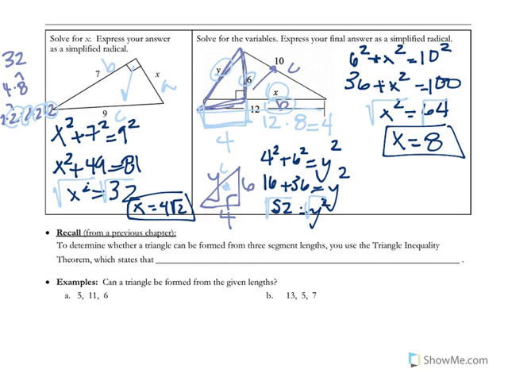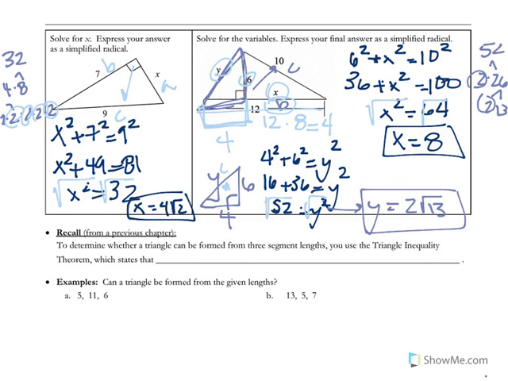Ooh, that's not a nice, pretty radical, so we're going to have to do our tree table off to the side. 52. Well, what goes into 52? I thought of 2 and 26 first, and I know 26 breaks down to 2 and 13. So y becomes, got a pair of 2s, so 2 radical 13. All right, not so bad.